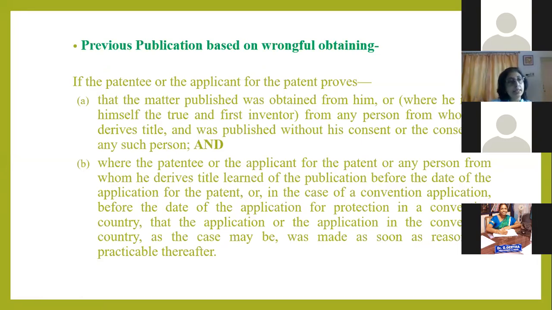It says that if the matter of the patent specification is taken from, or obtained from, the first and true inventor, or the person who has the title, that is his assignee or legal representative, and was published without his consent.